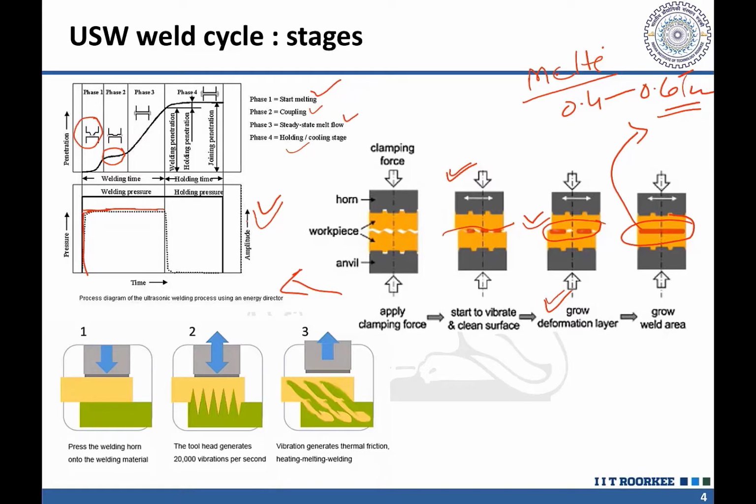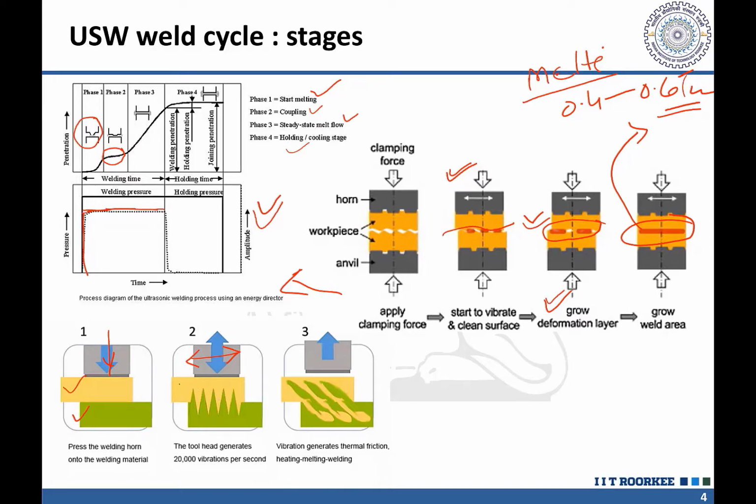So this is the typical kind of stages that we get in case of the polymeric material. Our agenda may not be to melt the material at the interfaces in case of metallic joining using ultrasonic welding. So this is another schematic to explain how ultrasonic welding works. Here, if we see, the two components to be joined are under pressure from the horn, which will be applying the load under the mechanical vibrations.